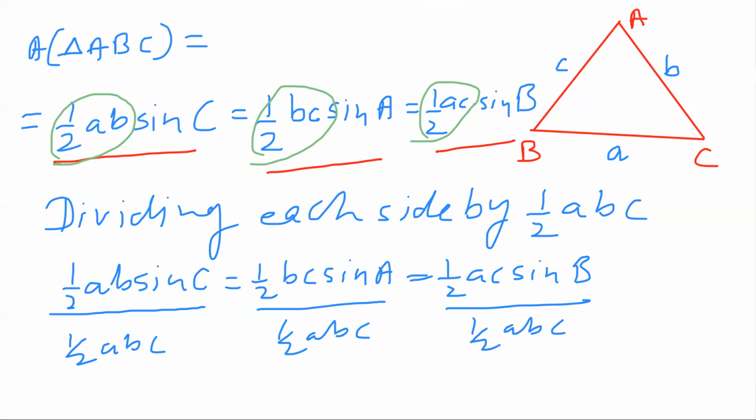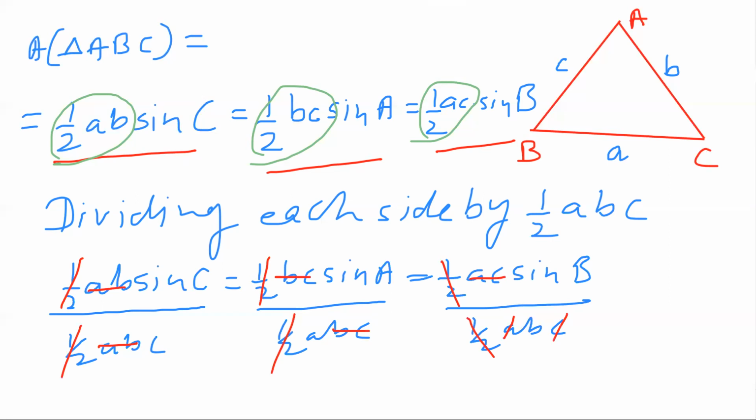Now what do we have? In the numerator and denominator there is a half and a half, so we can cross them out, and then there is ab and ab. Similarly here, half divided by half is 1, and there is bc and bc here, and similarly here, ac and ac. So what are we left with?